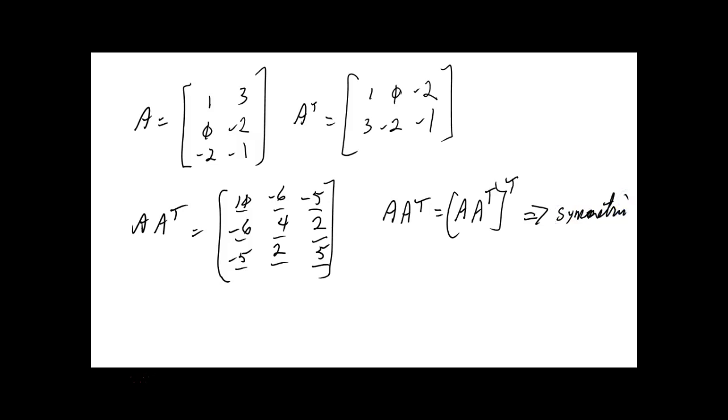Because anytime a matrix and its transpose are the same, it has to be symmetric. That's certainly the case. Now, if you do it the other way, A transpose times A, that also would be symmetric, but it wouldn't be the same matrix. It would be a 2 by 2. Clear?